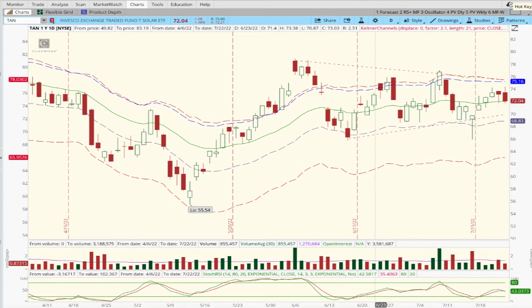So the difference between the 21-day exponential moving average in green and this stop loss price, known as a Keltner channel, that'll be the risk of this trade, because we're essentially at the 21-day moving average right now. So if we want to do a risk calculation, it's pretty easy.